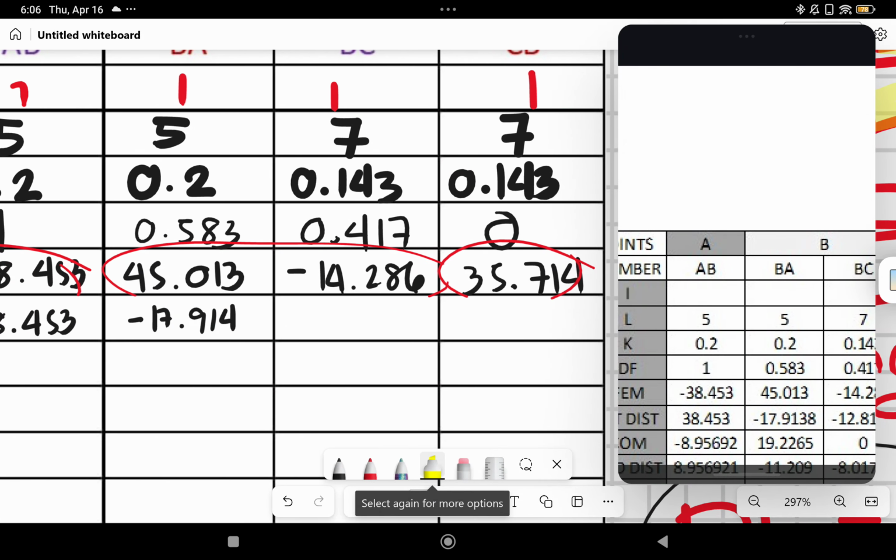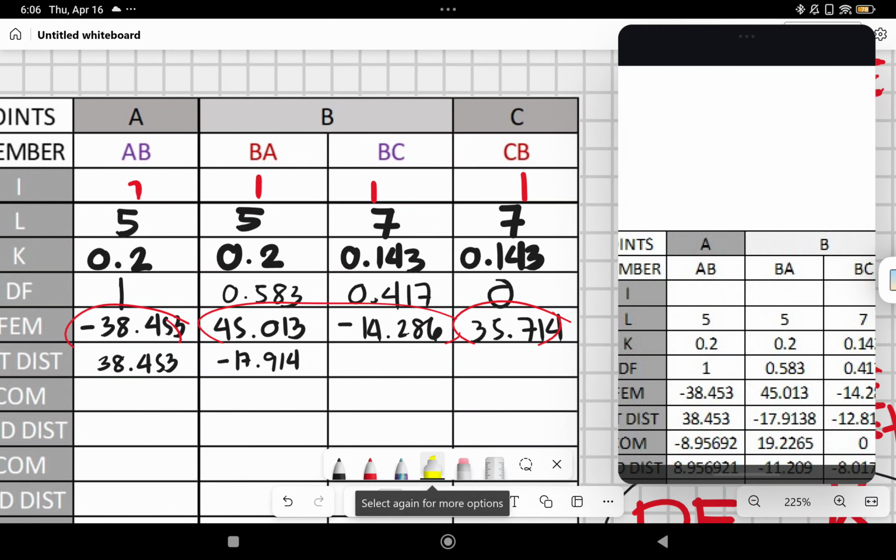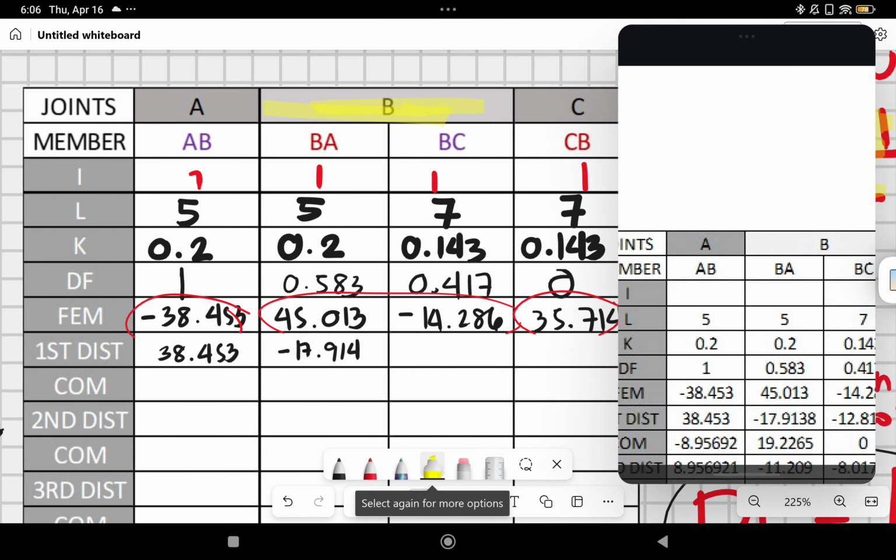Again, the same process. We sum the moments acting at the joint. We are still at joint B, so the moments acting at joint B are still these. It is almost the same solution: negative 45.013 minus 14.286.